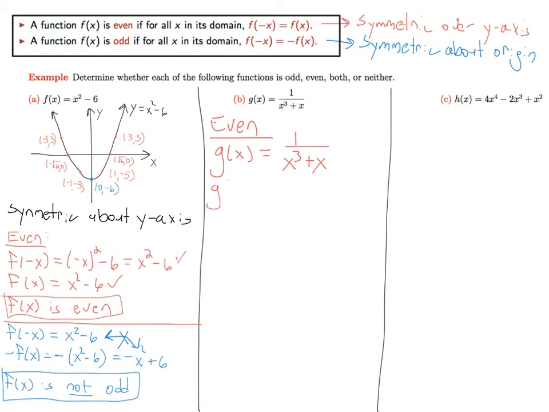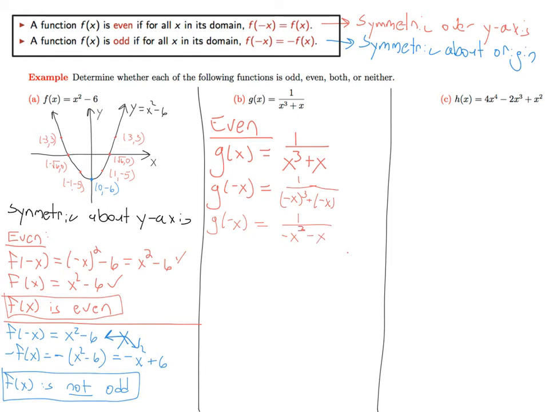And evaluating g at minus x, I would get 1 over minus x cubed plus minus x. And so therefore g of minus x is equal to 1 over minus x cubed minus x.